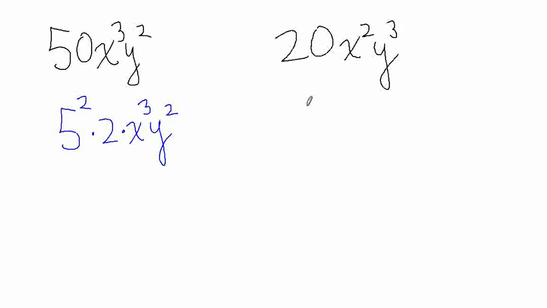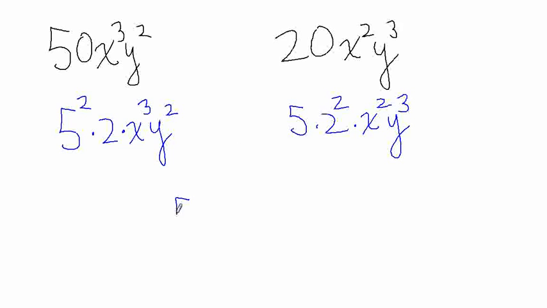And then 20, the prime factorization of that, let's see, that's equal to 4 times 5, so 5 times 2 squared. And then we tack on the x squared y cubed. Now we find a new product that contains all the pieces of both of those blue products.